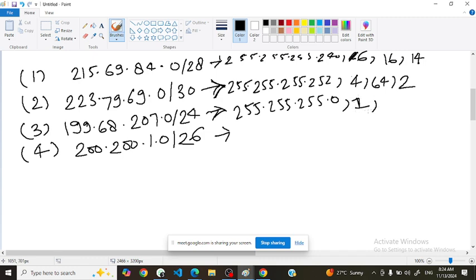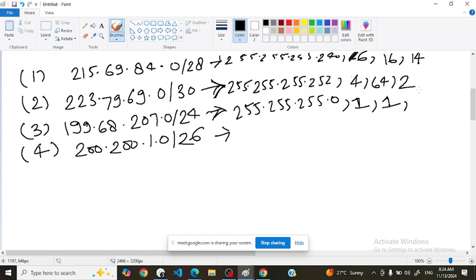Number of networks is 2 to the power 0, which is equal to 1. One network will be there. Number of hosts is 2 to the power 0 minus 2. I think you are getting minus 1 here.